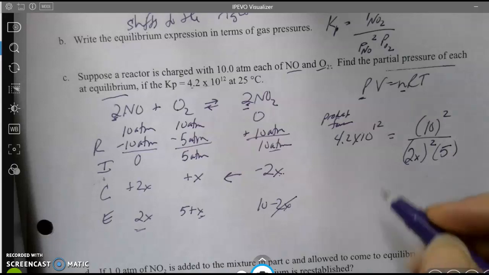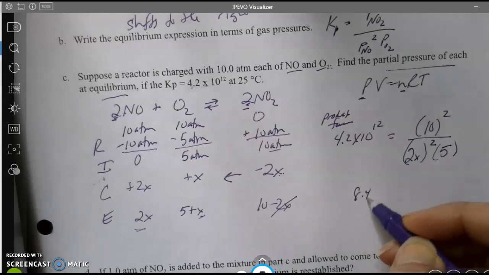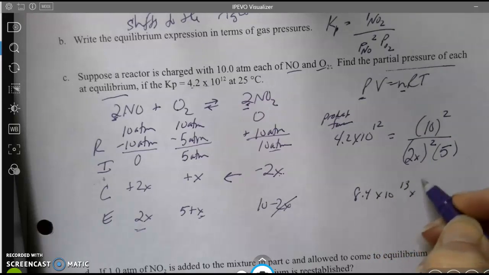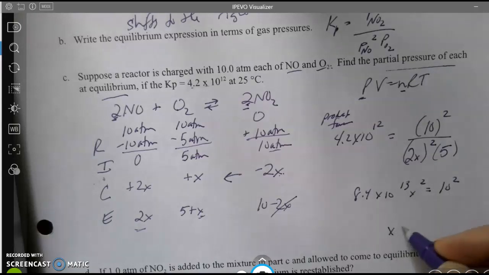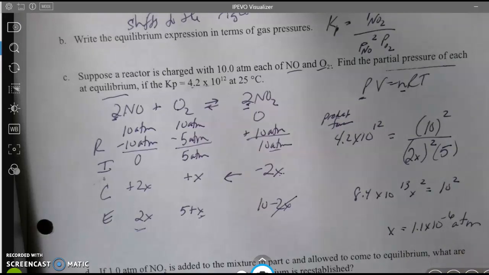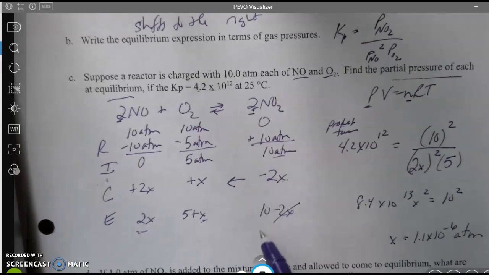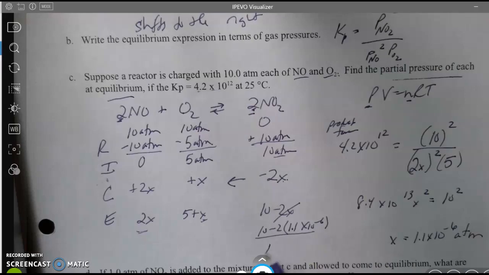So when I do the math for this one, the 8.4 times 10 to the 13th, squared, equals 10 squared, and you do all the math, you get x equals 1.1 times 10 to the minus 6th atm. So again, 10 minus 0.0006, even 2.2 times 10 to the negative 6th is going to be insignificant. So this would be 10.0 atm.